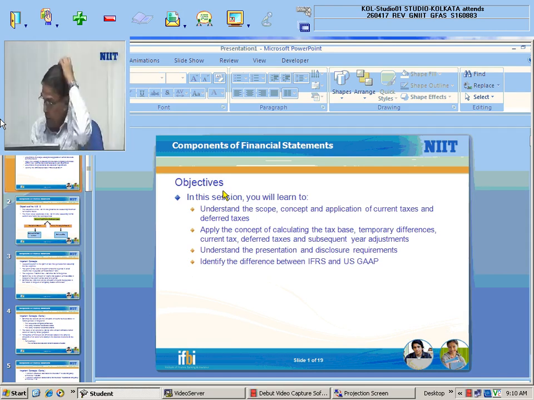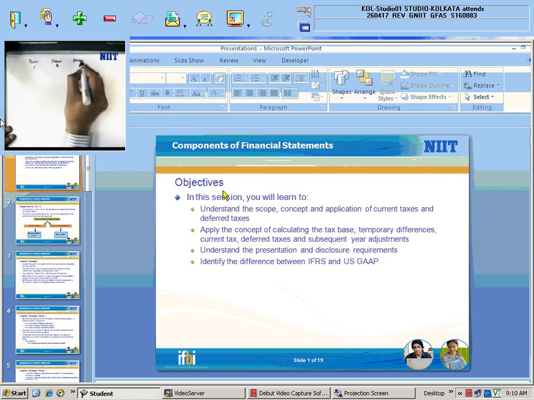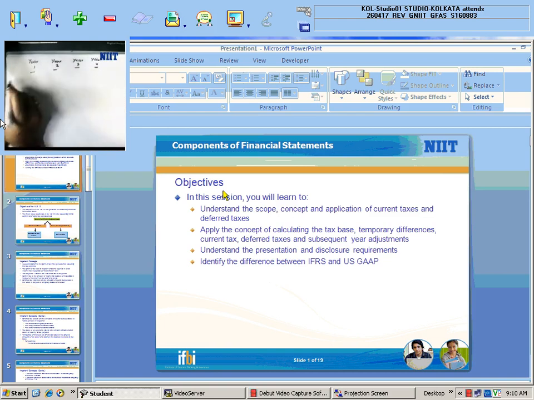So let's take an example of a company over a period of 4 years: year 1, year 2, year 3 and year 4. Let's assume the profit before tax is the same for all those 4 years, let's say 500,000.